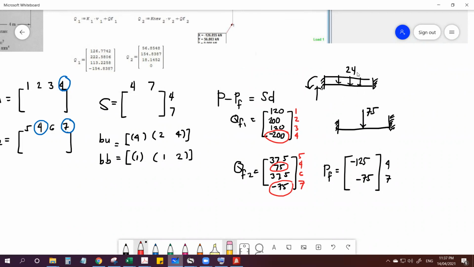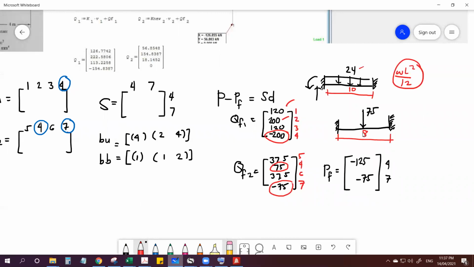Our formula there is WL squared over 12 for the moment. If you compute that, 24 times the length, which is 10, while this one is 8. So 24 times 10 squared over 12, the moment is 200. For the reaction, of course, 24 times 10 over 2 is 120.